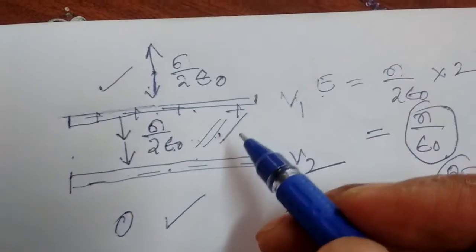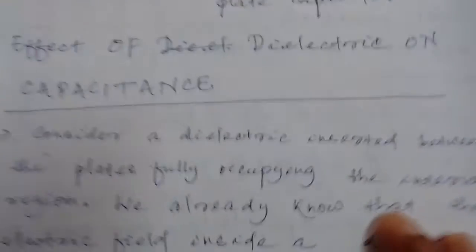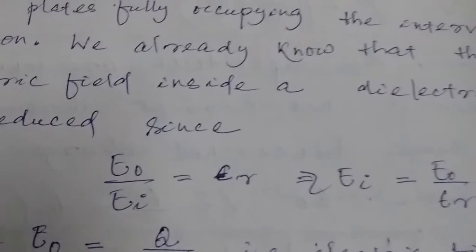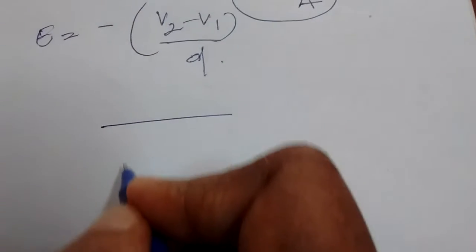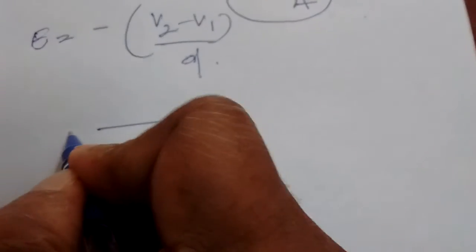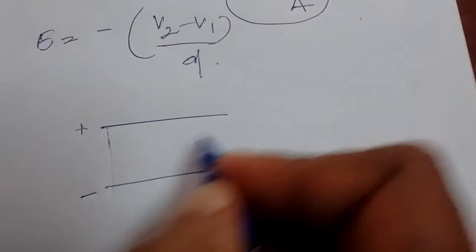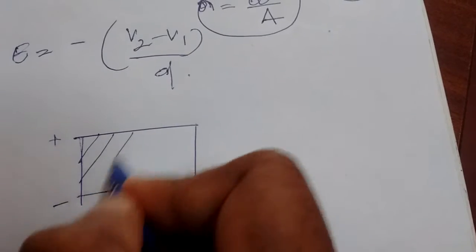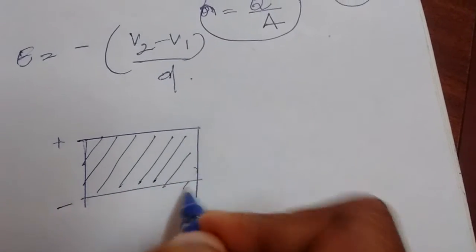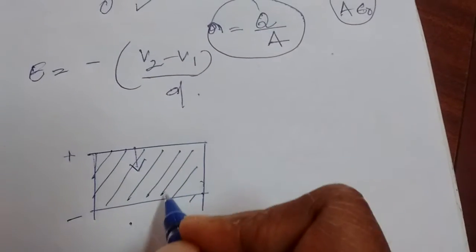Now consider a dielectric is inserted between these plates. Let us see what happens then. Now look, suppose this is plate 1, this is plate 2, it is plus charged, it is minus charged. Now in between the plates one dielectric is inserted. Now this is plus, this is minus, and the electric field is going like this.